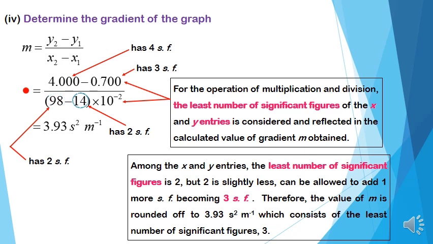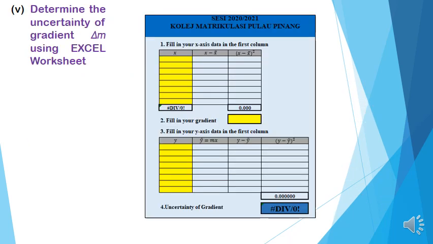Among the values of x and y entries, the least number of significant figures is 2, but 2 is slightly less, so we can allow adding one more significant figure to become 3 significant figures. Therefore, the value of m is rounded off to 3.93 seconds squared per meter, which consists of 3 significant figures.